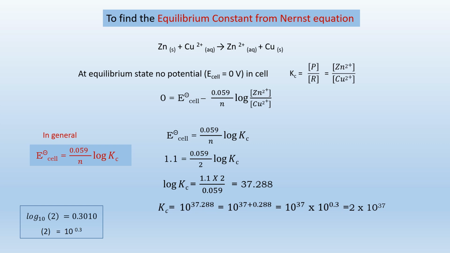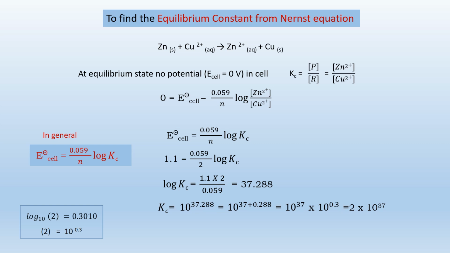Okay, substitute the Kc value, and remember that the cell potential I have written as a 0. Why is it a 0? Because as I already said, whenever there is a starting of a reaction, the cell potential will start decreasing. Because of the negative logarithmic part, the values of the logarithmic part will continuously increase, because the zinc ion concentration will continuously increase, as well as the copper ion concentration continuously decreases.